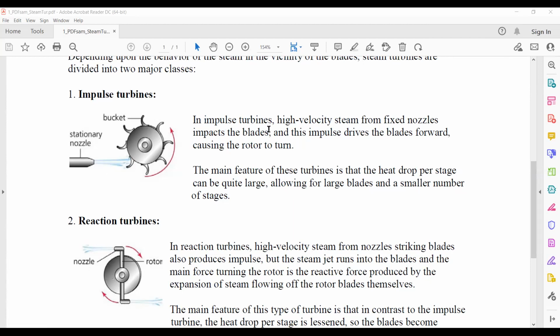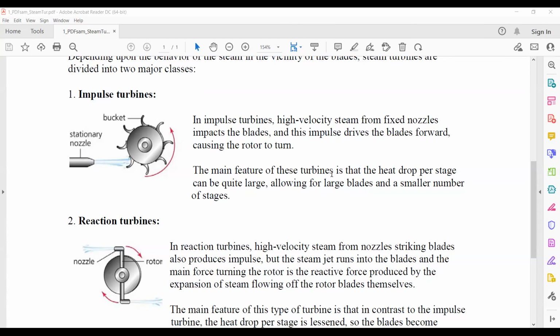In the impulse turbine, high velocity steam from the fixed nozzle impacts the blades, and this impulse drives the blades forward, causing the rotor to turn. So this high jet of steam allows the blade to move and the rotor rotates.